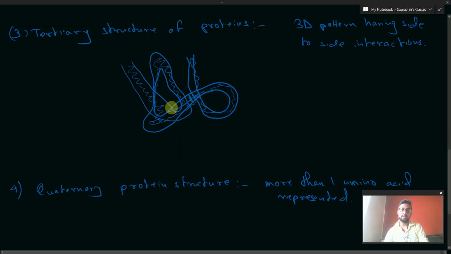Up till here it was blue, and from the next part you use brown. You make this whole part brown and you draw it as it is. I hope you're understanding what I'm trying to say. So this is how it represents the quaternary structure of proteins.